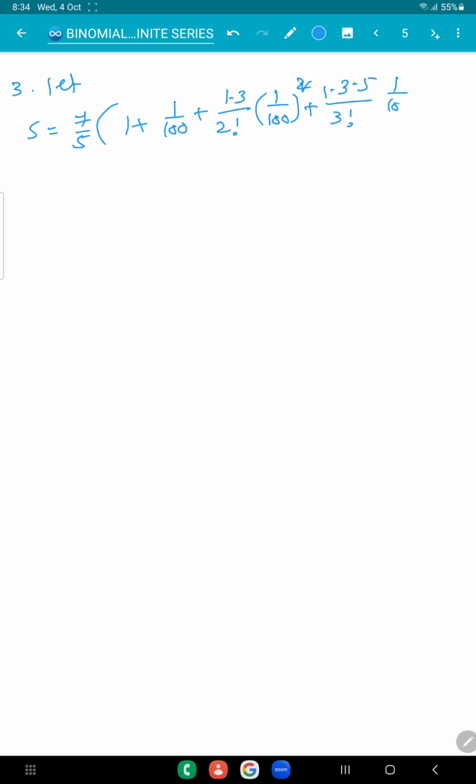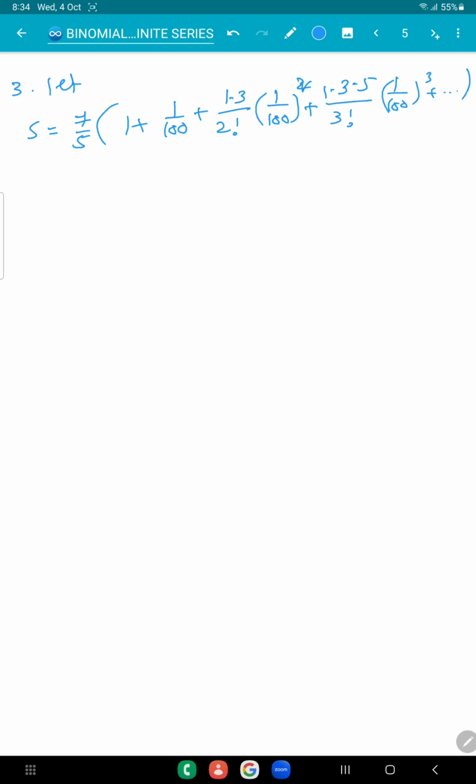Let s mean the sum: s is equal to 7/5 times of 1 plus 1/1000 plus (1·3)/2! into (1/100) squared plus (1·3·5)/3! into (1/100) cubed plus and so on.